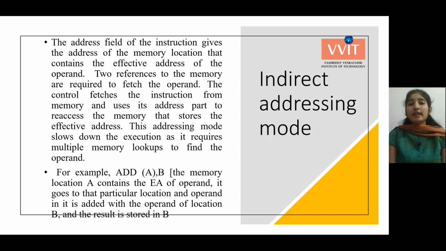For example, add (A) comma B. Here A is kept in braces, means the memory location A contains the effective address of the operand. It goes to that location, and the operand in it is added to the operand of location B. Finally, the result is stored in B itself.